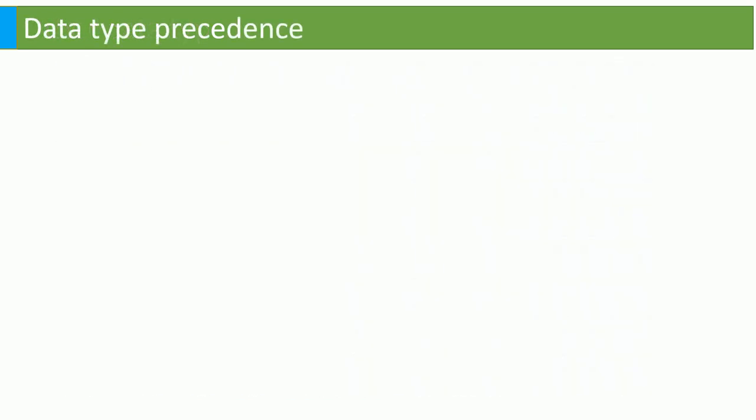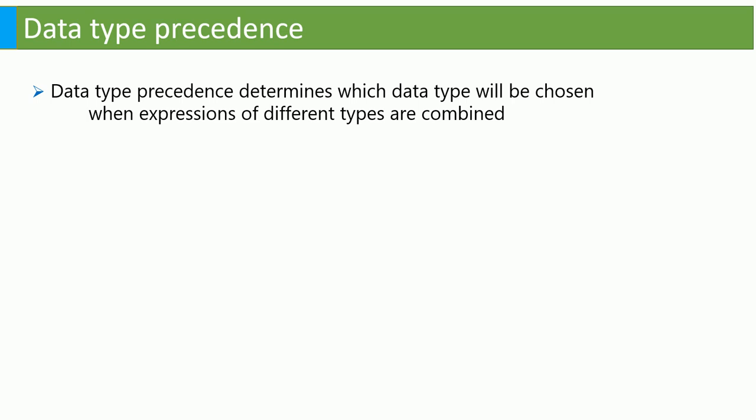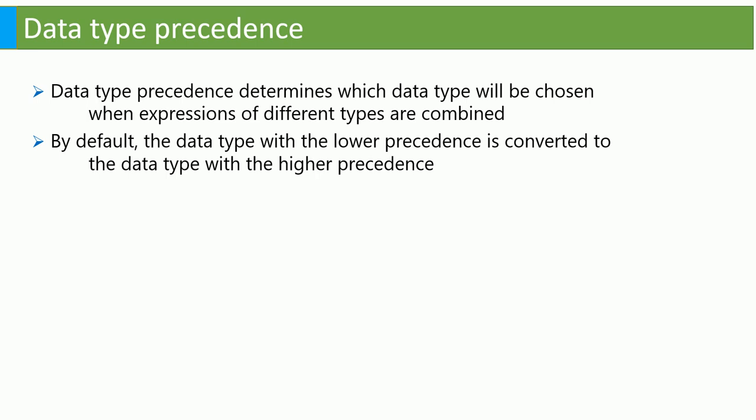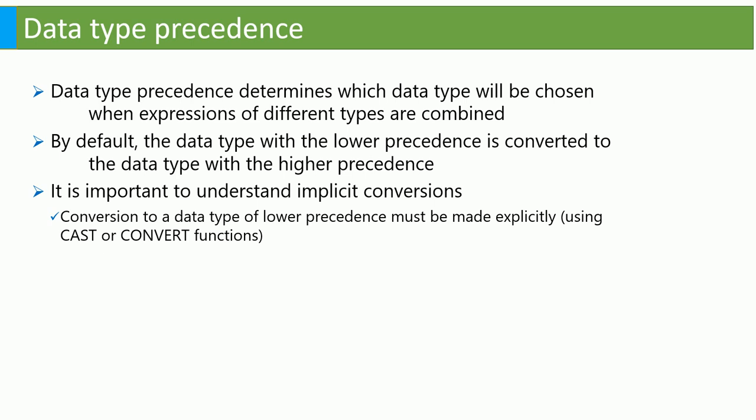Now, data type precedence. Data type precedence determines which data type is chosen when expressions of different types are combined. By default, the data type with the lower precedence is converted to the data type with the higher precedence. It is important to understand implicit conversion, like how the data will be converted. For data conversion, we can use the CAST and CONVERT functions if you would like to convert the data.